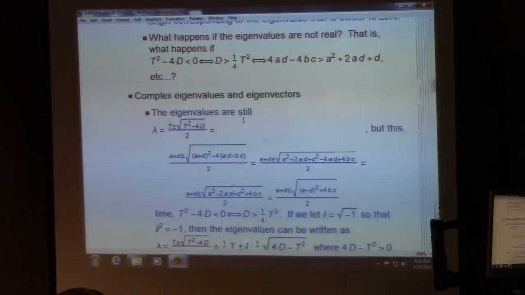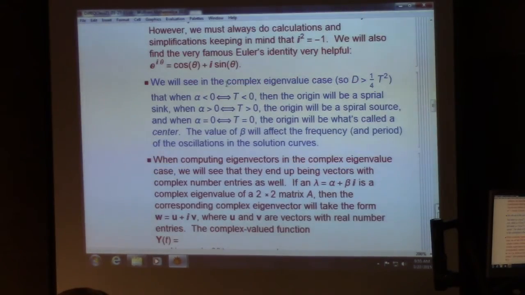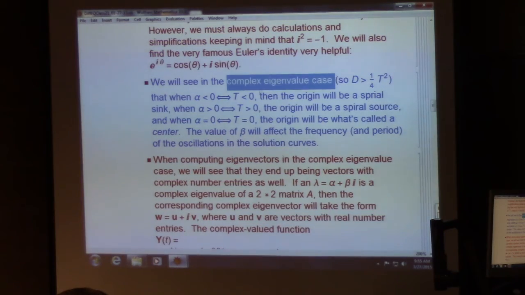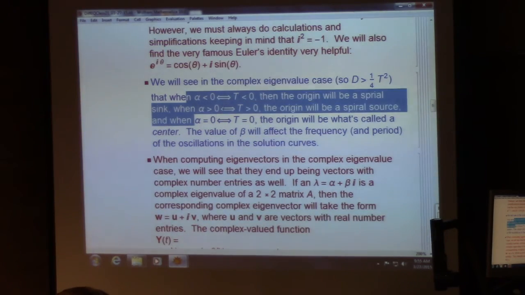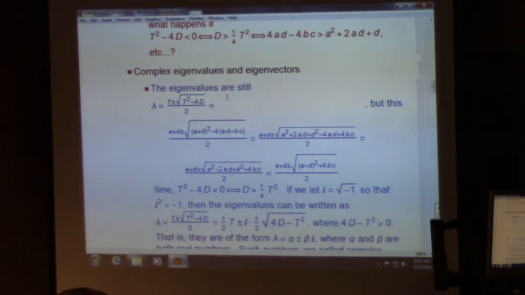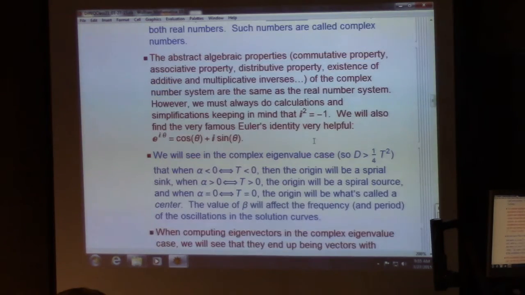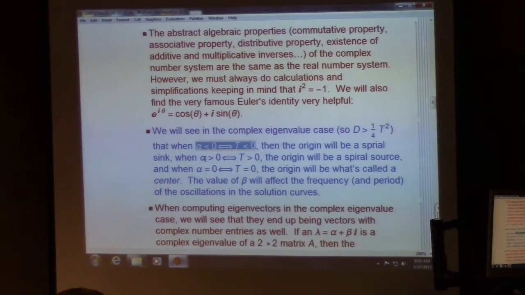In the case of complex eigenvalues, it's the real part, the alpha is the real part here. I'm writing my complex eigenvalues like that, alpha plus or minus beta i. The alpha, the real part, determines whether it's a sink or source. It's a sink if alpha is less than 0, it's a source if alpha is greater than 0, it's a center if alpha equals 0.